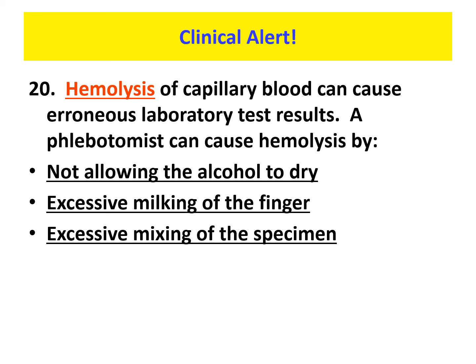So there are ways that you as a phlebotomist, or anyone that's drawing capillary or venous blood, can avoid hemolysis. Now, these are some things, like not allowing alcohol to dry. We know that's for anywhere you're drawing blood, right? And using alcohol to clean, which we always clean our sites, whether it's venipuncture or capillary puncture, right?